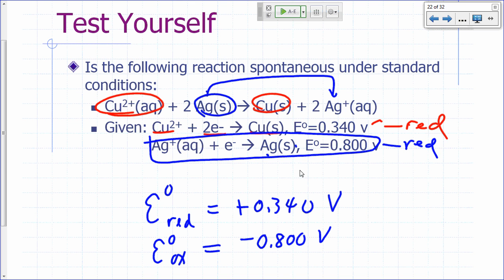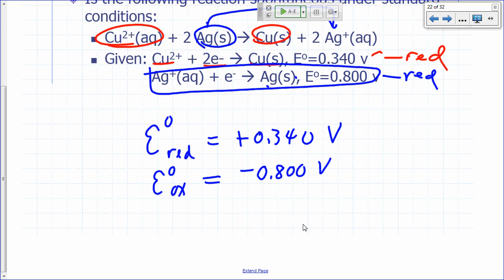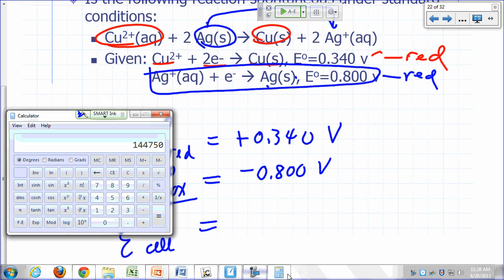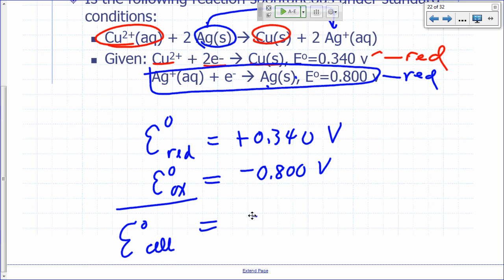So what's my total standard cell potential then? What is positive 0.34 plus negative 0.8? 0.34 minus 0.8 is negative 0.46. What does that tell me?